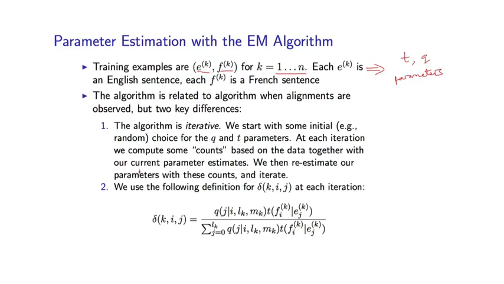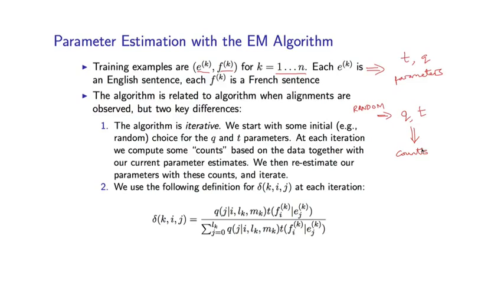So the first major difference from the algorithm I just showed you is that the algorithm is going to be iterative. We're going to start off with some q and t parameters. For example, the first iteration, they might just be random parameters. Okay, so we start off with some random initialization. And then at each step, we're going to use these q and t parameters to calculate counts.